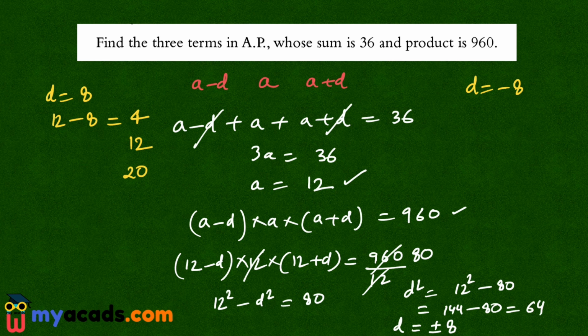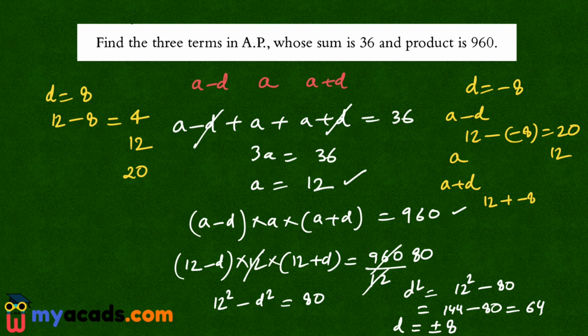Now my first term is a minus d, which means 12 plus 8 equals 20. My next term is a, which means 12. My third term is a plus d, that is 12 plus minus 8 equals 4. So my AP is 4, 12, 20 or 20, 12, 4. This is the answer of this question.